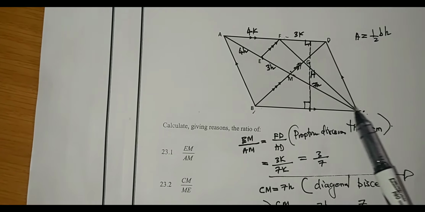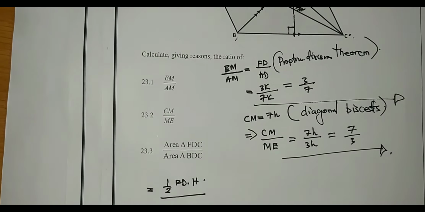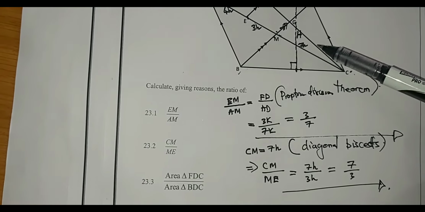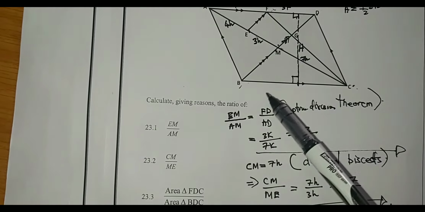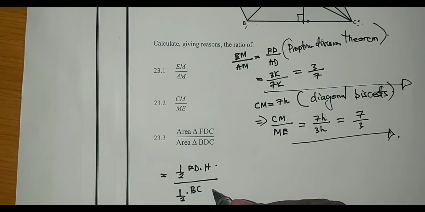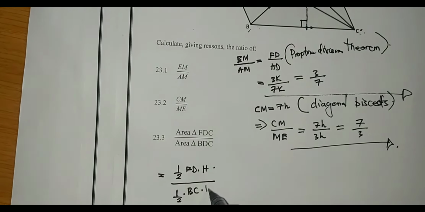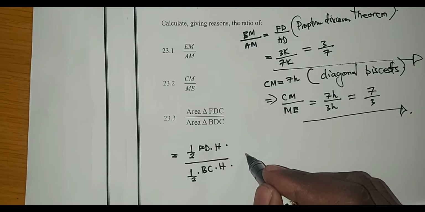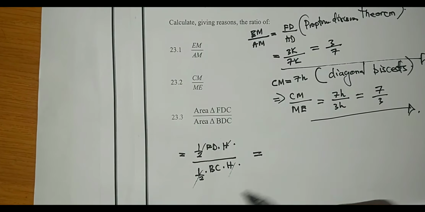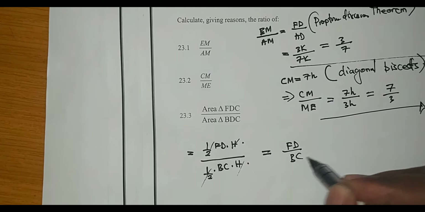I will still use BC as my base, which therefore means here it will be half of the base BC, multiplied by the height, which is still the same, H. Half cancels with half, H cancels with H, which means it will be FD over BC.